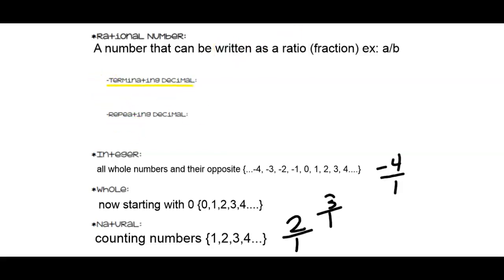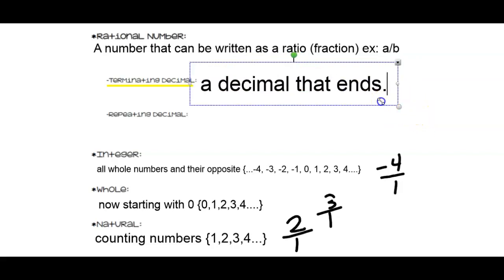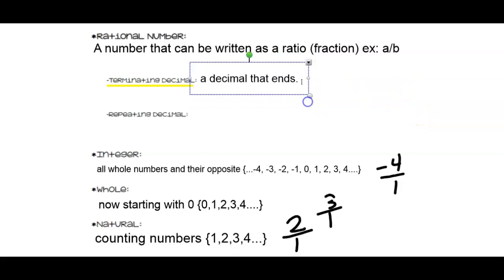Terminating decimal. So a terminating decimal is a decimal that ends. If I could type, that would be helpful. So any decimal that ends, and what that means is it has stopped. Like the decimal doesn't go on anymore.